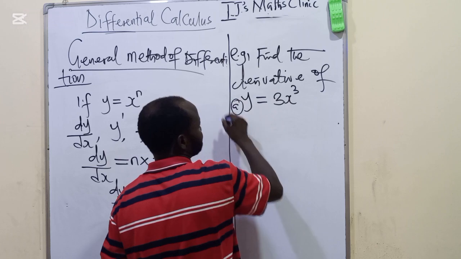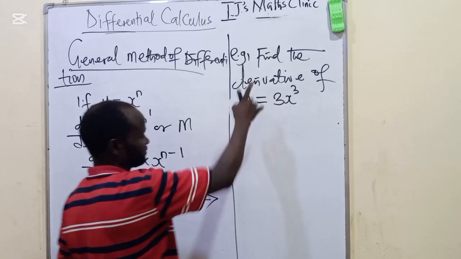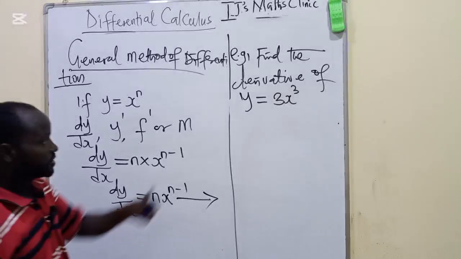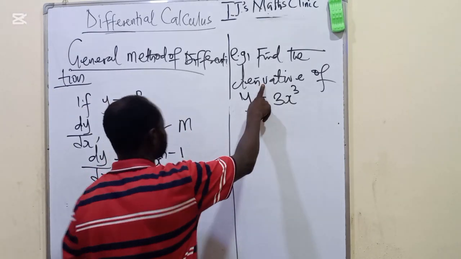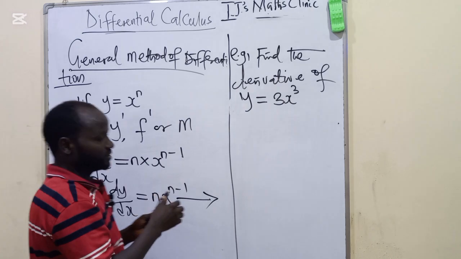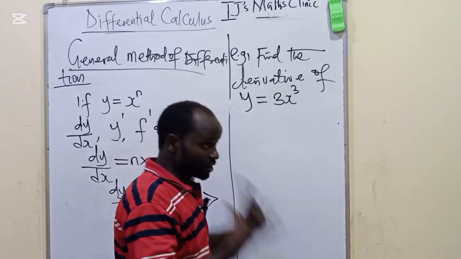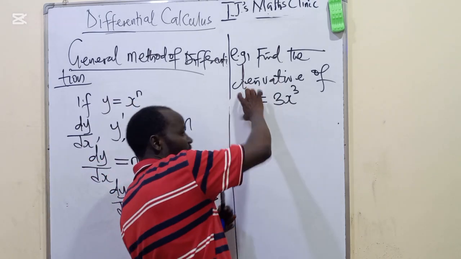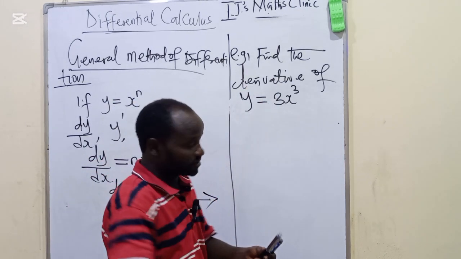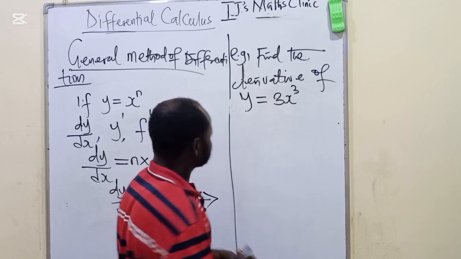And of course, this is a cubic function. To find the derivative means we are asked to find the rate at which y will change with respect to x. In other words, the derivative of this function means increase in y as x increases, or decrease in y as x decreases. Very important.